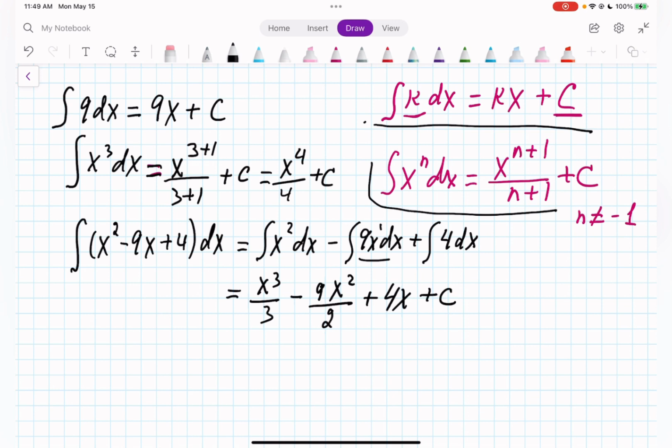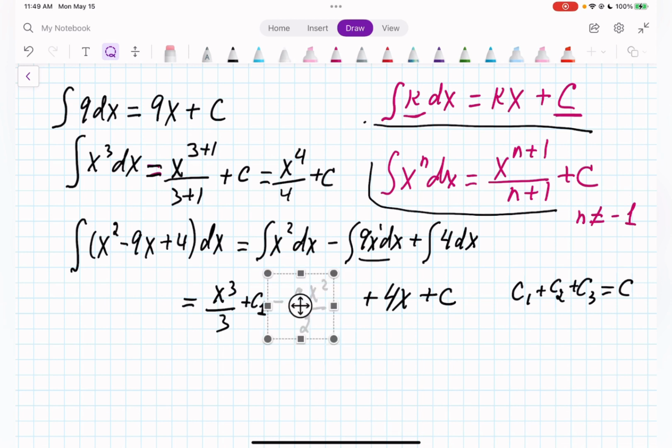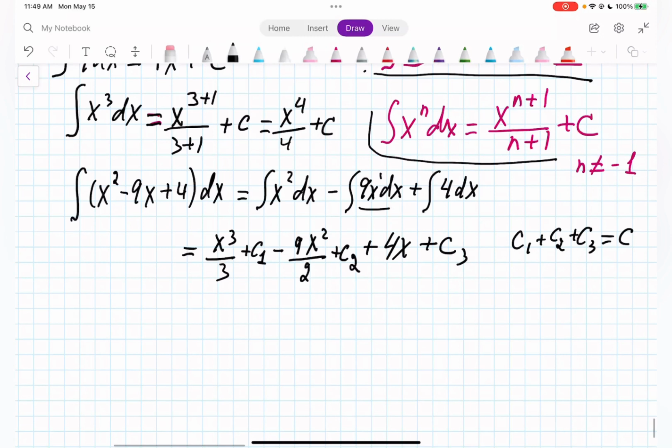I can put here C1 plus C2 plus C3 equals C. So add here, if it makes it clear to you, plus C1, and then for this one, because every single one of them is going to come with a constant, plus C2, and I can put this C3, and not to have a bunch of C's, I'm going to write it this way.